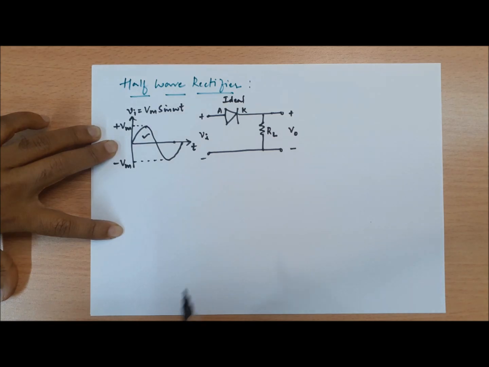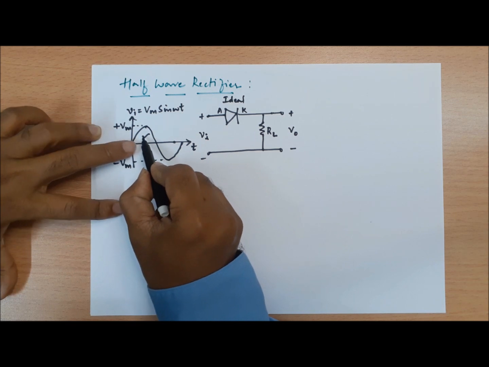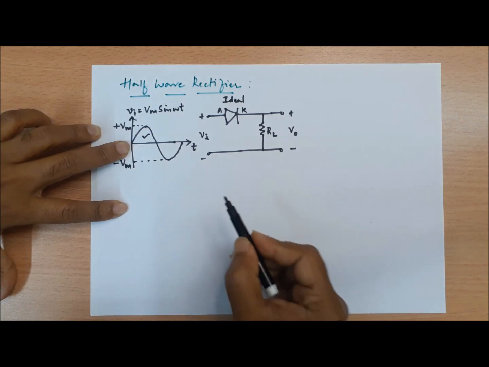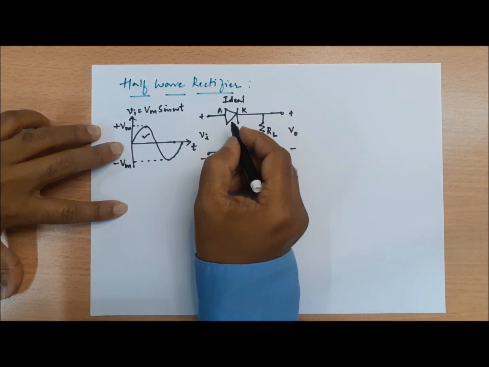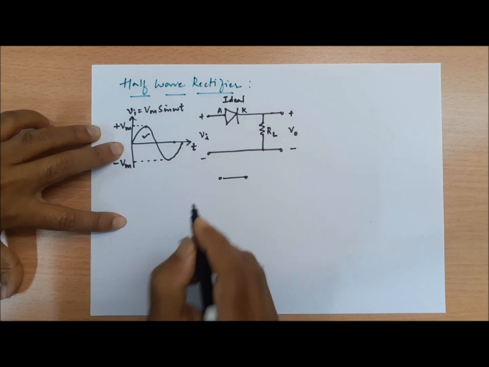That means as soon as we apply an input signal, the diode instantaneously starts conducting. So when it instantaneously starts conducting, how does it behave? Well, it behaves as if it is a short circuit equivalent.